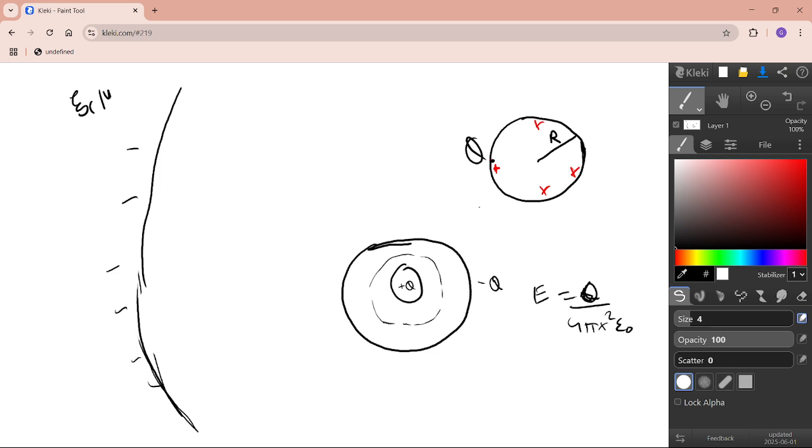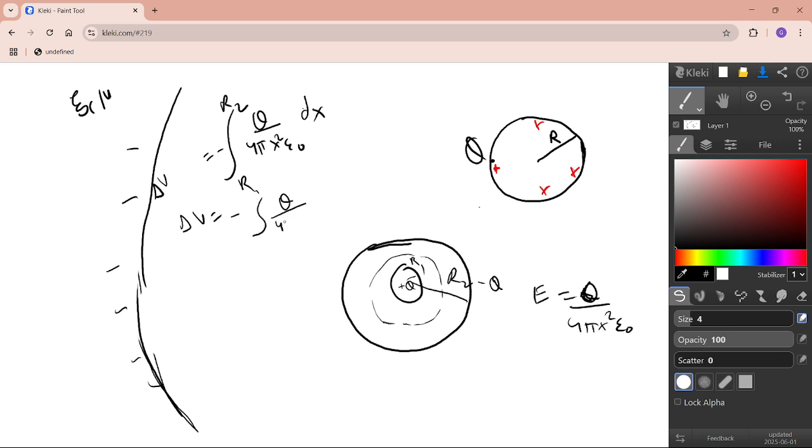So q upon 4 pi x square epsilon naught is the electric field, and if you calculate the potential, V is equal to minus E dot dr, of course minus dx. The change in potential will be this much, and if you integrate it from the smaller radius R1 to the bigger radius R2, we can take the minus outside.